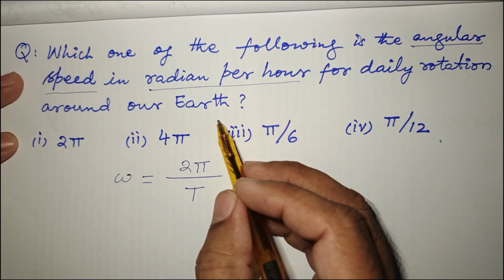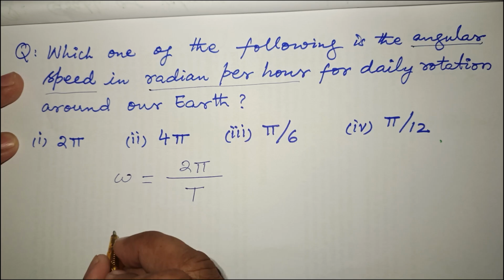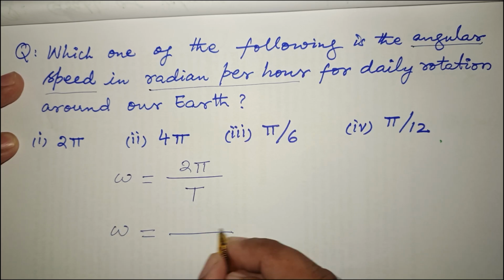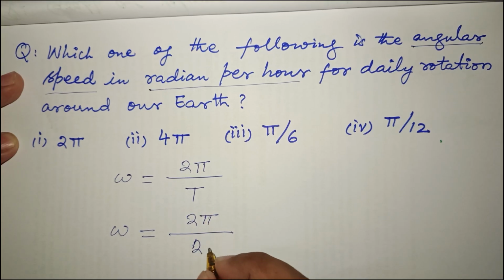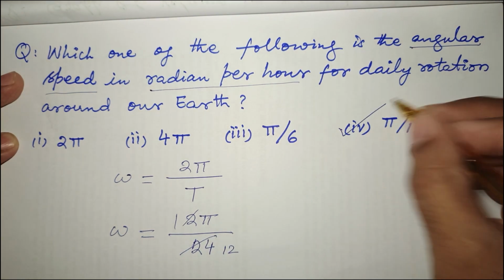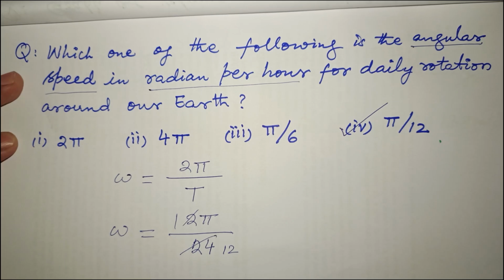In case of earth, the earth takes 24 hours to complete one cycle. So what we'll do is 2 pi divided by 24. This is 2 ones are 2 and this is 12. So which is the correct option? This one. Pi over 12 is the correct answer.